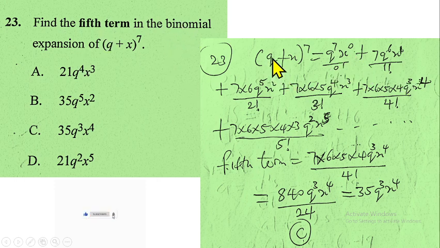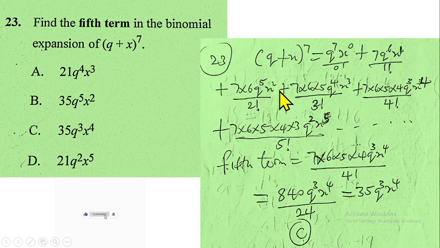So the first term will carry the power of 7, and s will carry the power of 0 over 0 factorial. Plus, 7 will come down, so you have 7, then you remove 1 from the power, that means you have 7 q raised to power 6, then you increase the power of s by 1, that will be s raised to power 1 over 1 factorial. The next term, 6 will come down as well, so you have 7 times 6. Remove 1 from the power, that will give us q raised to power 5.